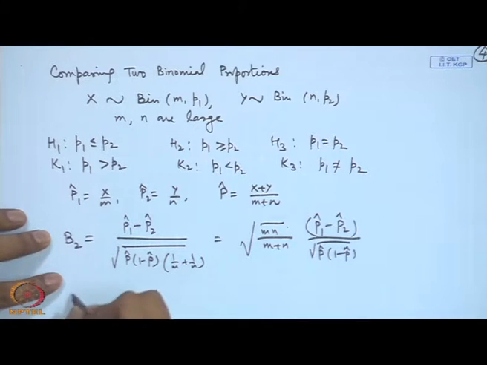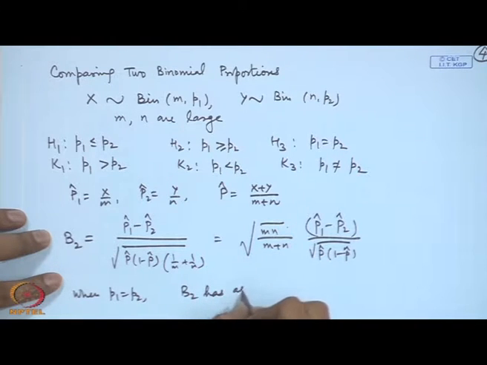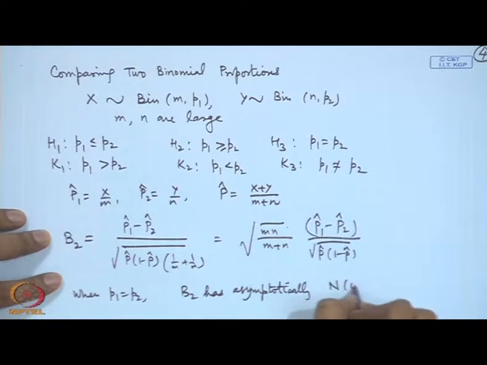So, when p 1 is equal to p 2, then B 2 has asymptotically a normal 0, 1 distribution.